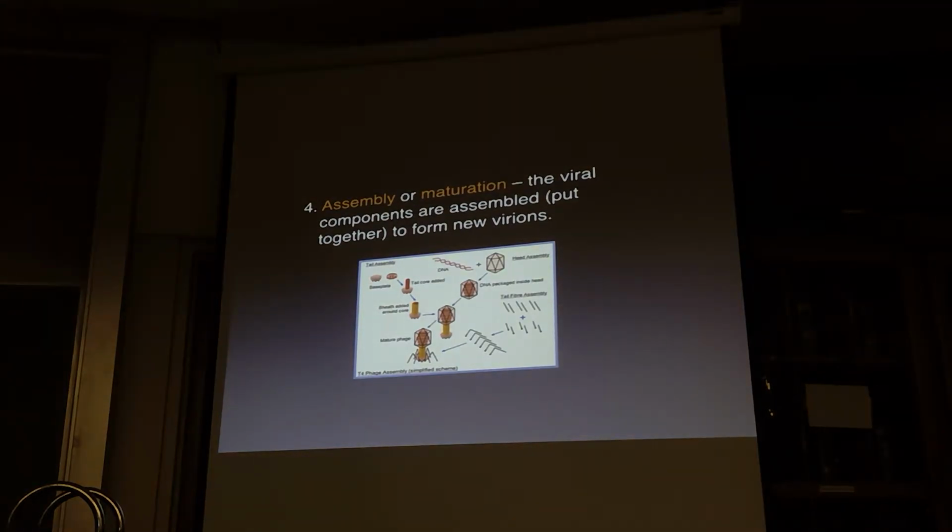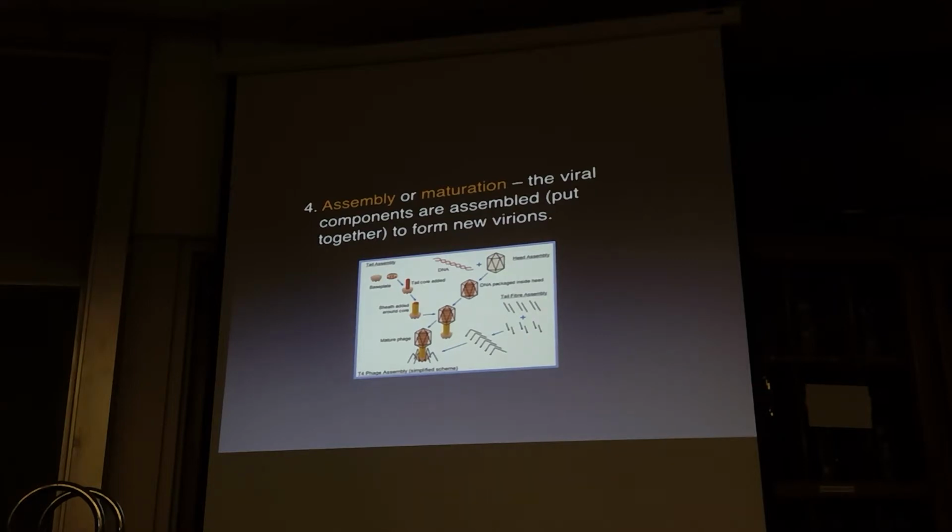The next stage is called assembly, and it's exactly that, because the nucleic acid cores are going to be packaged inside these capsids. Some of these proteins come together by themselves, others are helped along by proteins called chaperonins. Cells often have chaperonin proteins, which bring other proteins together and put them together. We build the capsid, we build a bunch of tail assemblies.